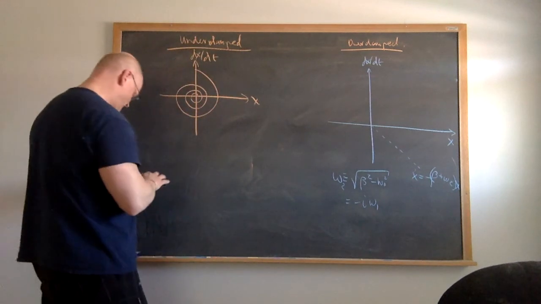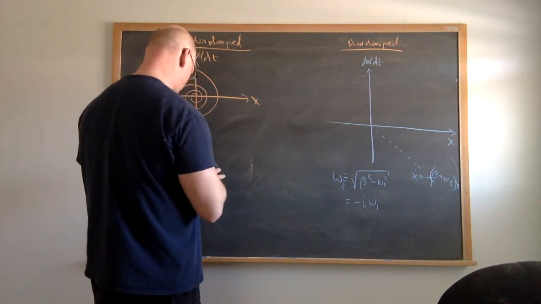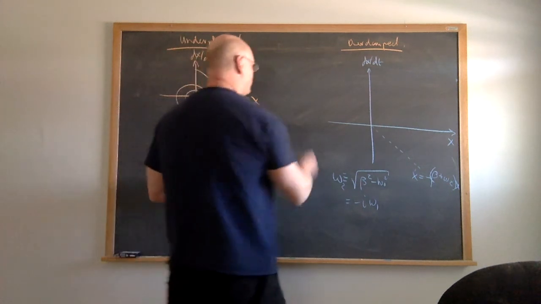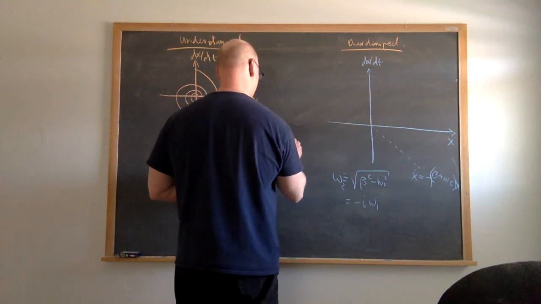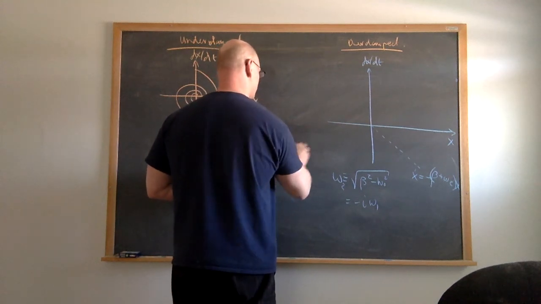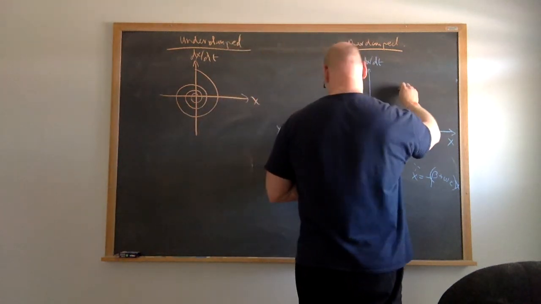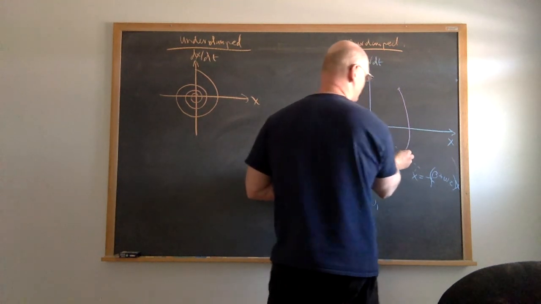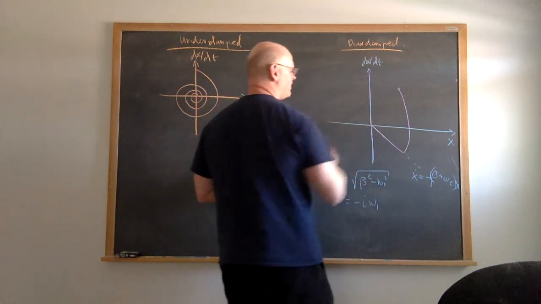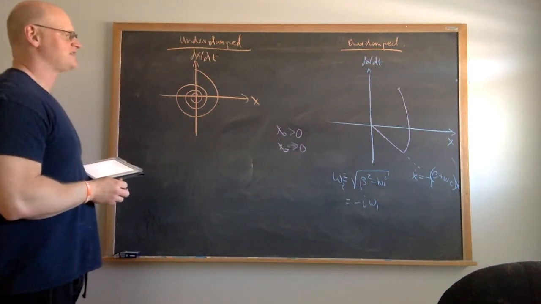So for example, if we start off with an initial position and initial velocity, x initial and x dot initial, both greater than 0, so I'm starting off at a point here, this thing is going to quickly die down to this line and then follow along this asymptotic line.